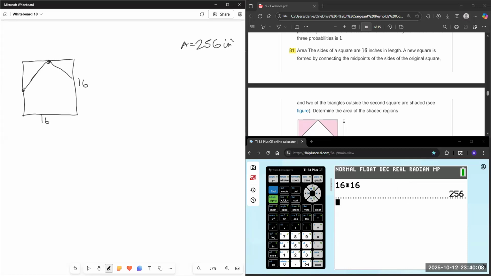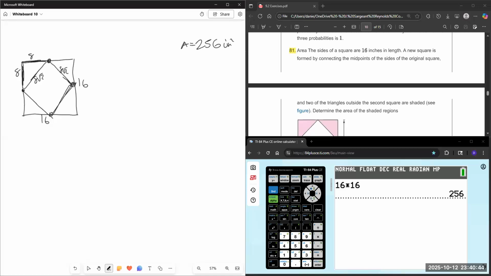So now if we take the midpoints of the sides and connect them like so, we have a new square where these sides are 8 here that were the bisected portions here. This is a 45, 45, 90 right triangle. So the sides of this square that is formed here have sides of 8 root 2.